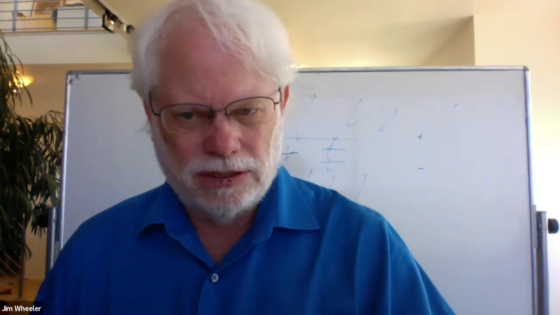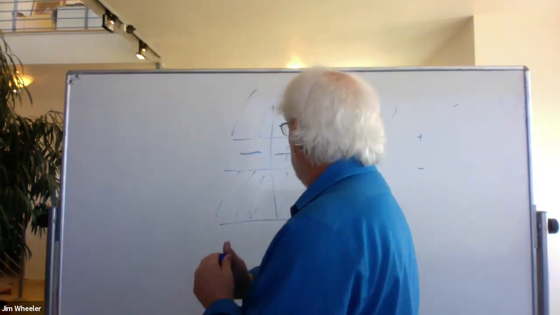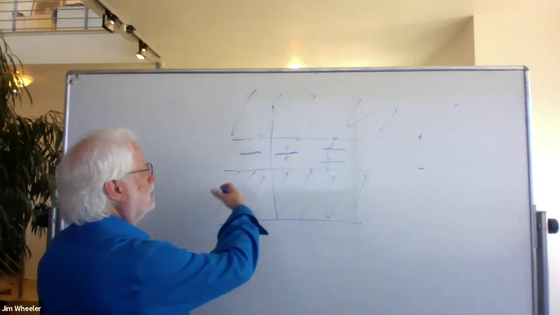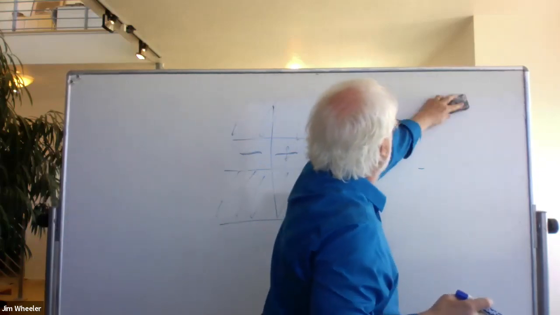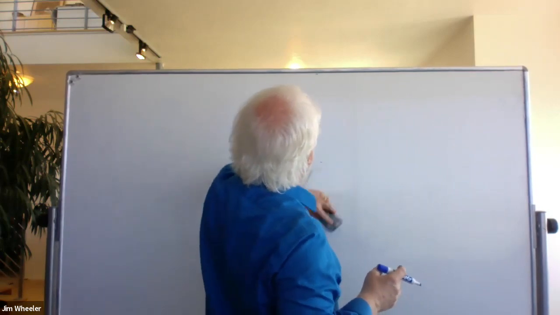If we make an application to n fields, what we're always going to get is something like band structure in atoms. Let's see, no, not band structure.